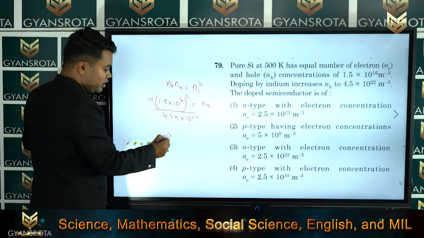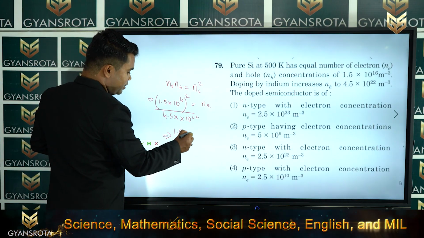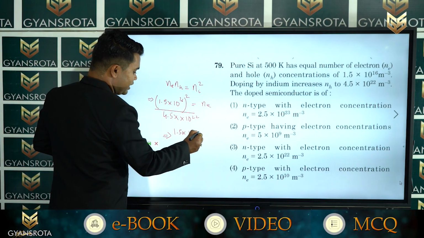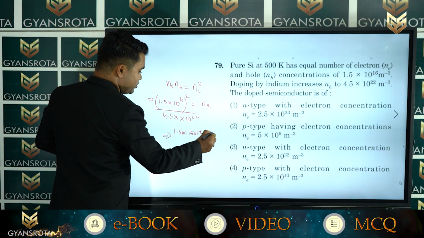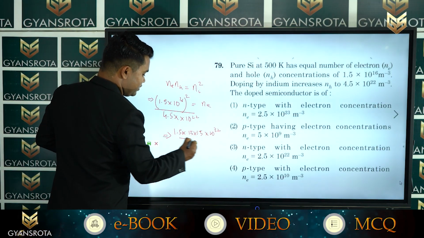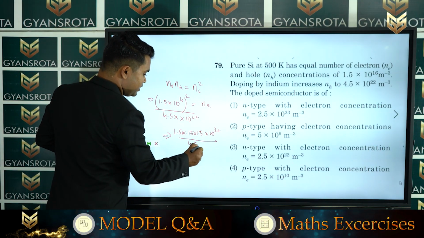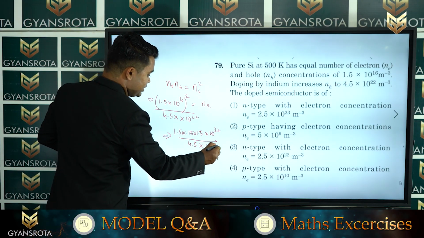So let me see this one: 1.5 into 1.5 into 10 to the power 32 divided by 4.5 into 10 to the power 22.